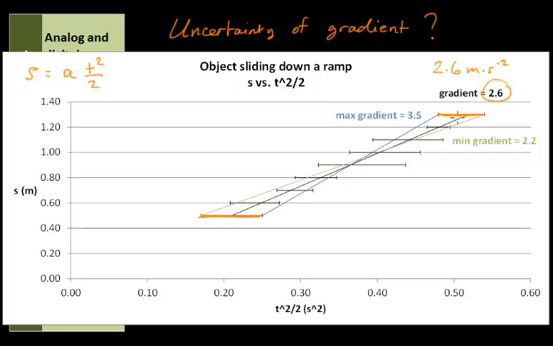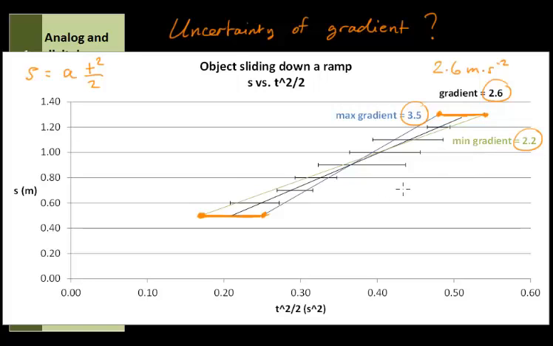And what do we do? Well, we first draw the steepest possible line going from this point to this point. So that's this blue line here that has gradient 3.5. And then we draw the shallowest possible line going from this point to the two most extreme points of the two extreme error bars, and we obtain this minimum gradient of 2.2.